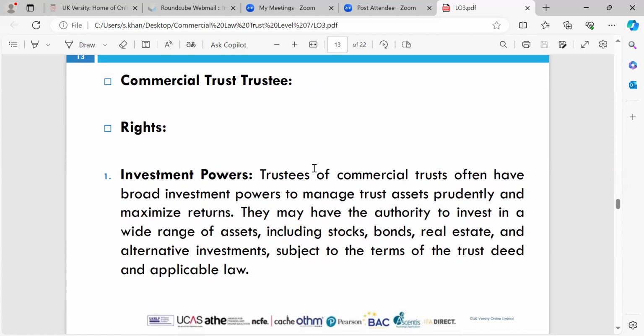So commercial trust, these are responsibilities. When someone sets up a trust, they appoint people as trustees, as we mentioned, to manage the trust. The trust deed will usually have specific instructions on how to do this, but there are generally legal duties that they have to follow.